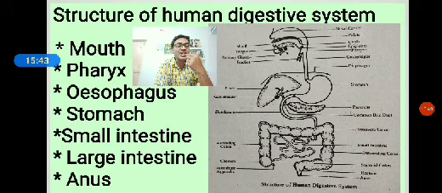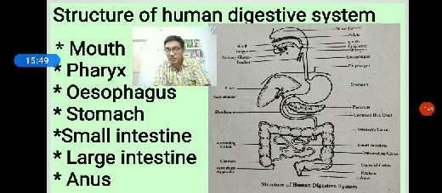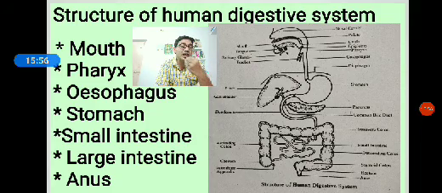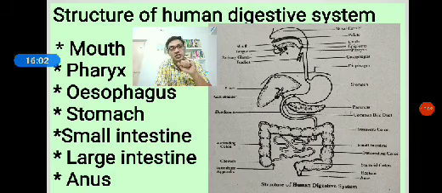In the anterior region we see the hard palate, and in the posterior region we see the soft palate. In the posterior soft palate there is a muscular organ hanging downwards, called the uvula.